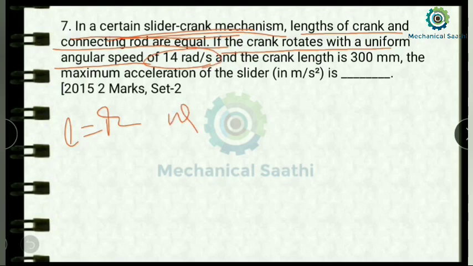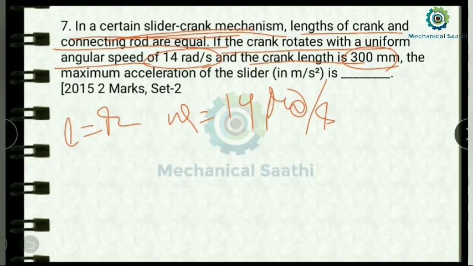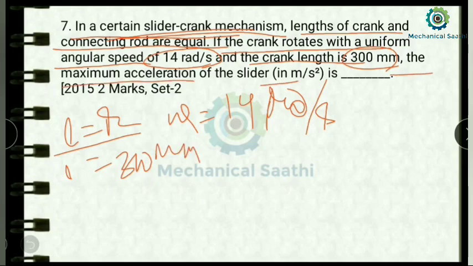So omega is given as 14 radian per second. The crank length is given as 300 mm, means this L is equal to R, which is equal to 300 mm.